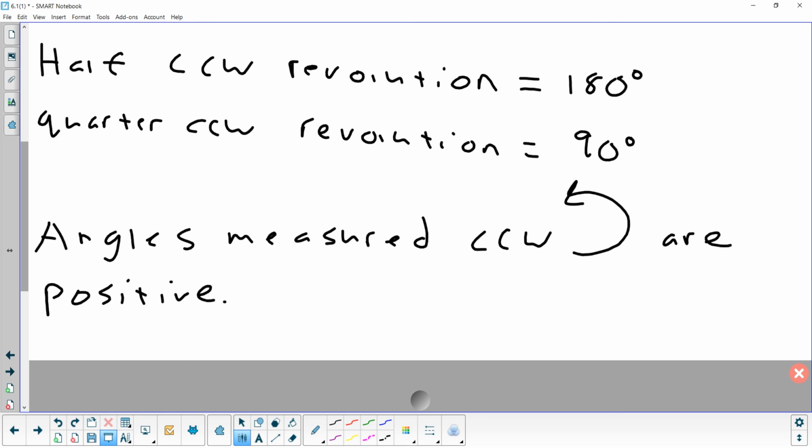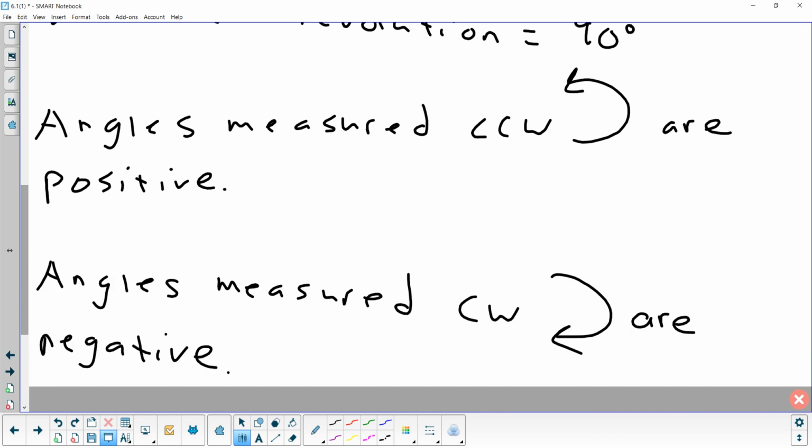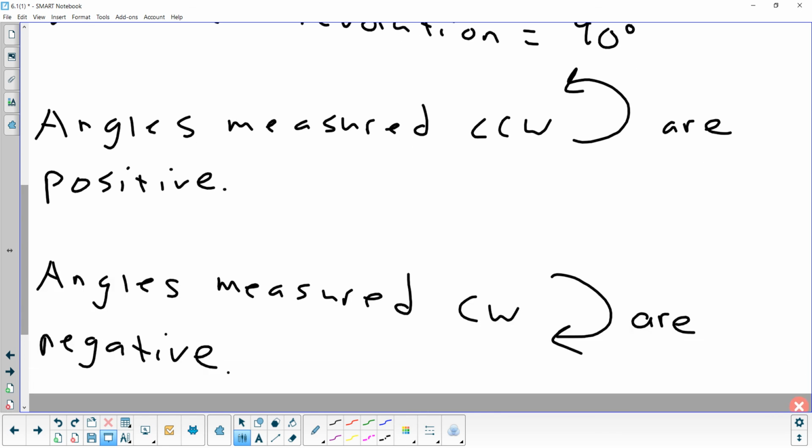So again, angles that are measured in the counterclockwise direction are positive. I think we already kind of touched on that. And angles that are measured in the clockwise direction are negative. Now, given the choice of working with positives or negatives, which type of angles do you think we would prefer? Because it's easier. No. We would prefer to work with positives. That would always be easier than working with negatives.